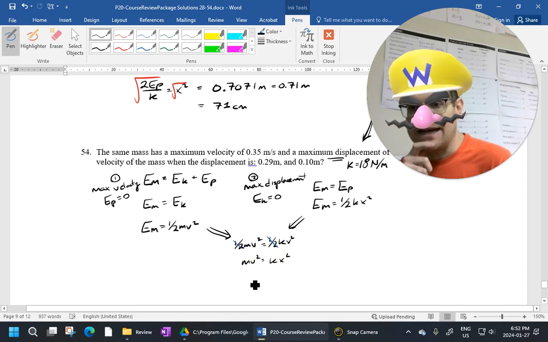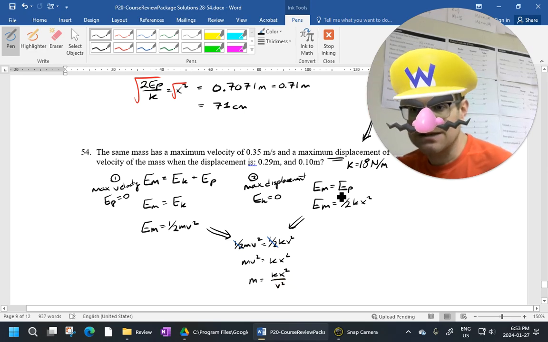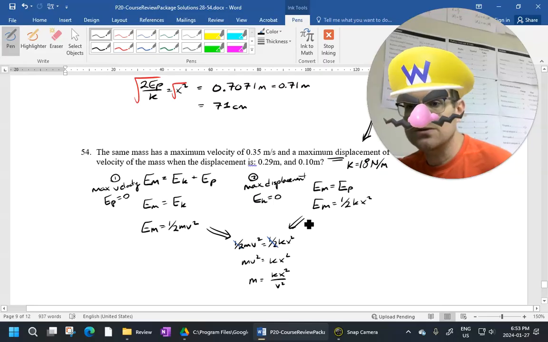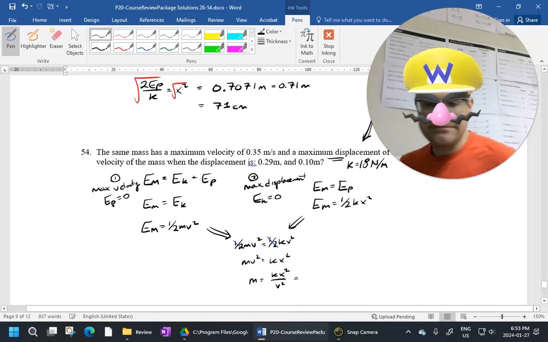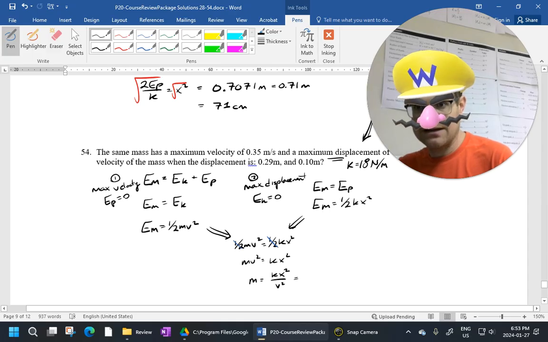I just want to solve for m here. So mass is equal to kx squared over v squared. And this is going to be at the max displacement. So I have the max displacement over here of 0.29 meters. So an 18 from the previous question, 18 times 0.29 meters squared divided by 0.35 meters squared.